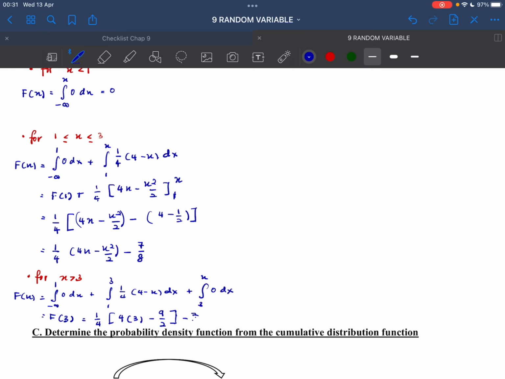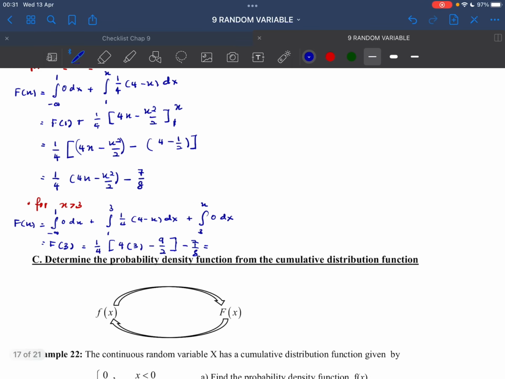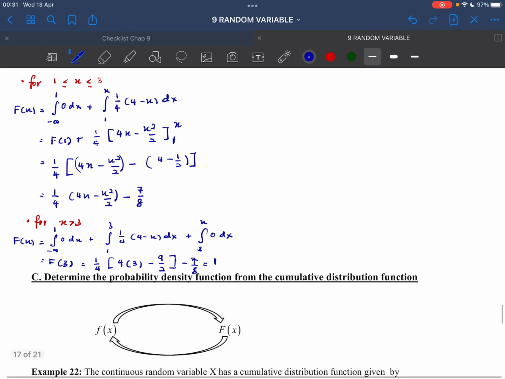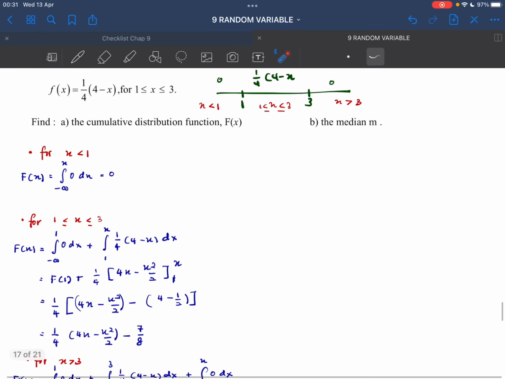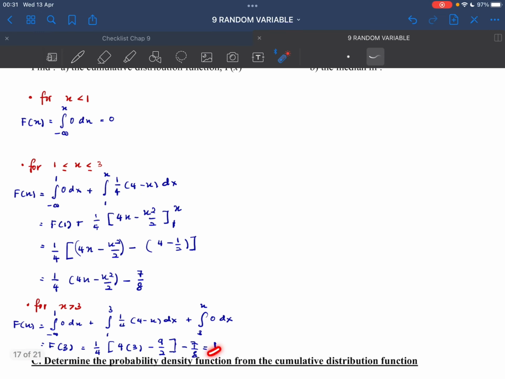Okay, is that correct? Yep, okay. So supposedly the answer has to be 1. If we don't get 1, it means there is something wrong with the previous function. You have to get 1 here because of the total probability, your last limit here will equal 1.